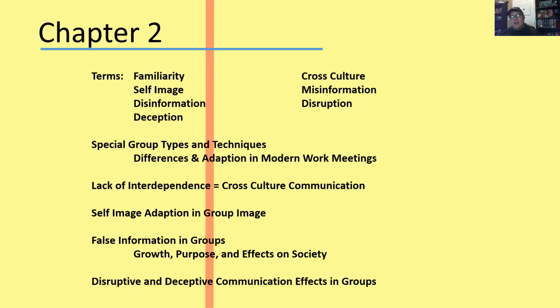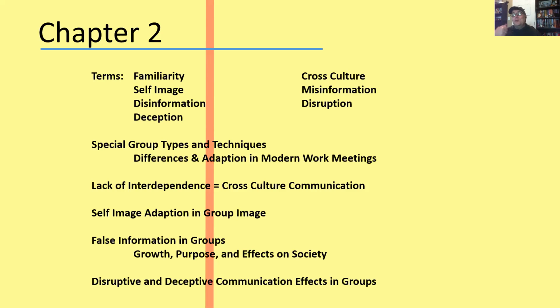Let's see: self-image, adaptation, and group image. We kind of rushed through that as well. But I used self-image to define the idea of group image because it's one and the same. How you see yourself happens in the same manner when it comes to the group. If you guys think you're going to be dysfunctional, guess what? You're going to be dysfunctional. If you say you guys can't get along, guess what?